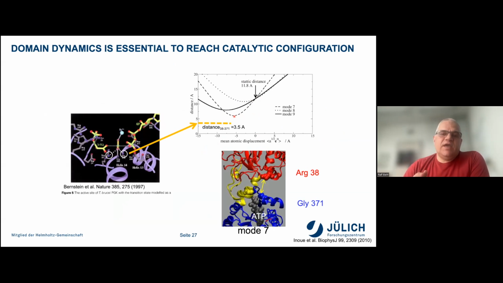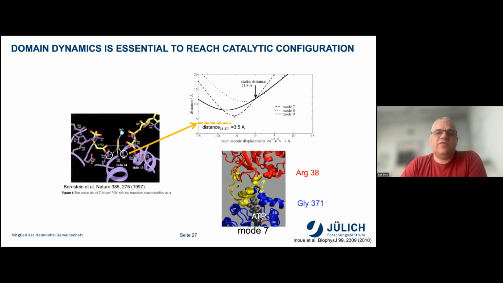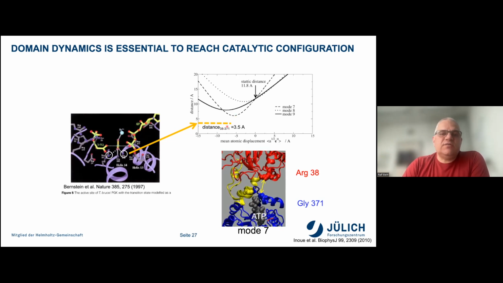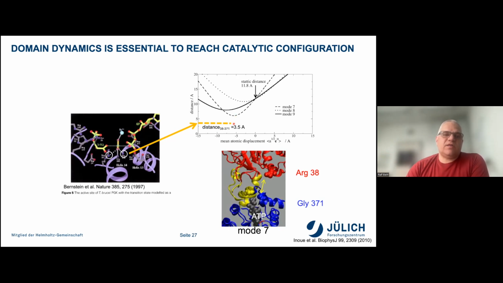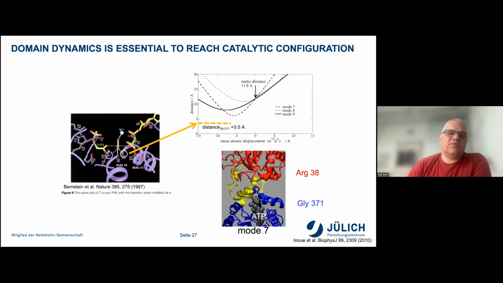And if we now would combine in a statistical way all three modes and also the higher order modes that we cannot observe here, then we can reach here the 3.5 angstrom, where this center here is protected from water. And that explains to us that these domain dynamics is basically the reason why we have activity for this protein.